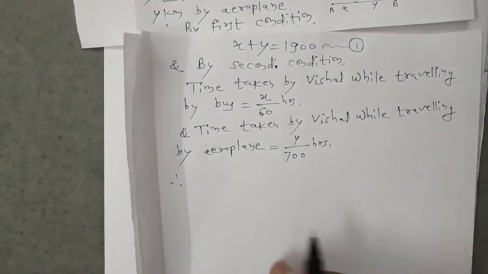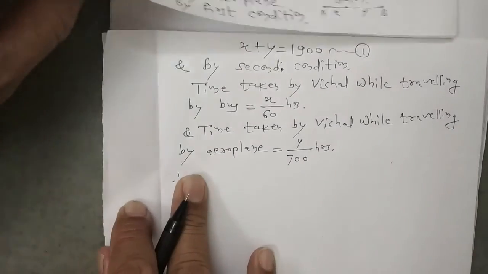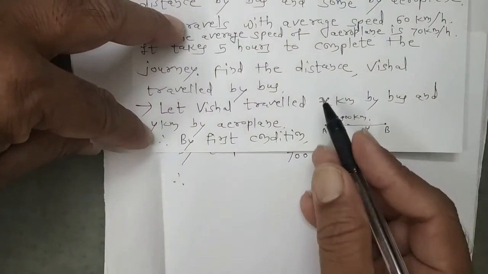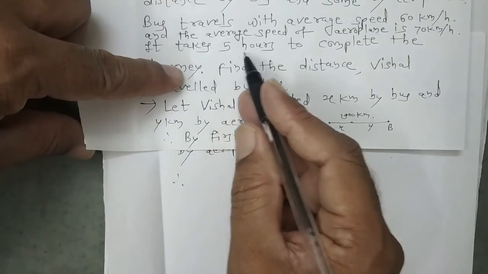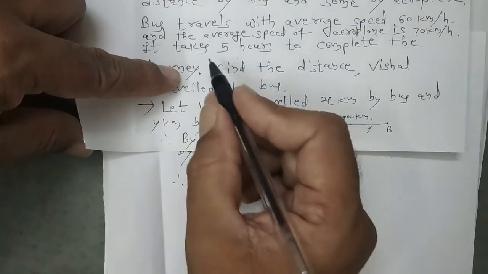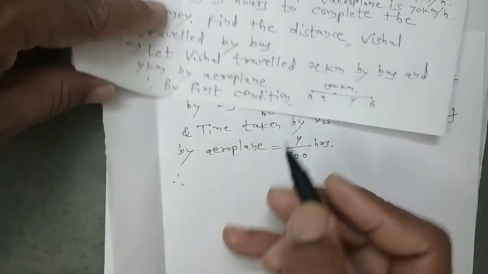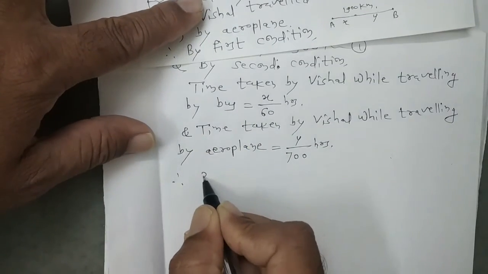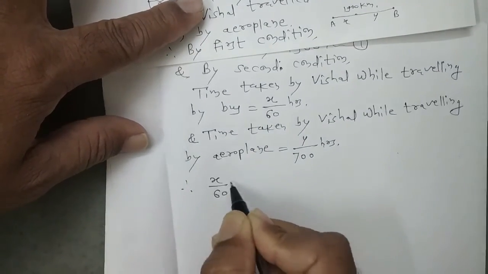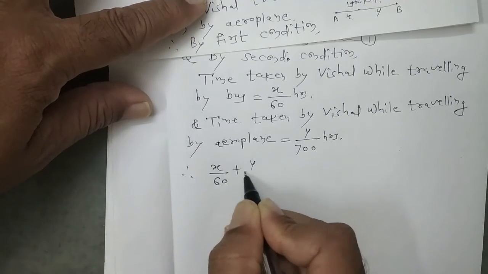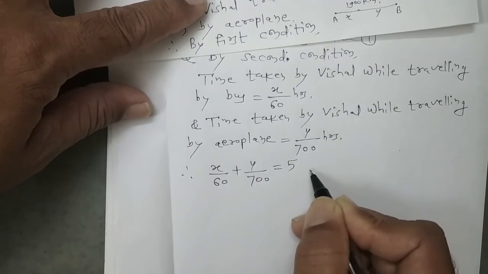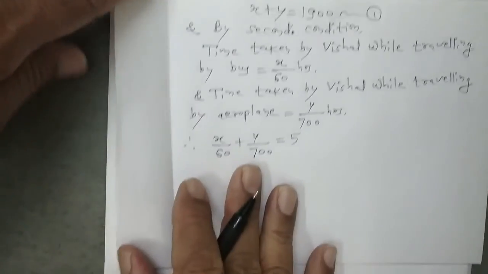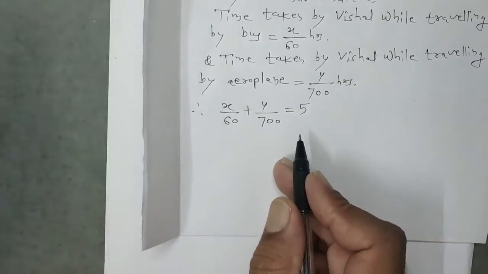Now we have been given the time taken to complete the journey, 5 hours. Therefore, x upon 60 plus y upon 700 is equal to 5. Now we have to solve this equation.